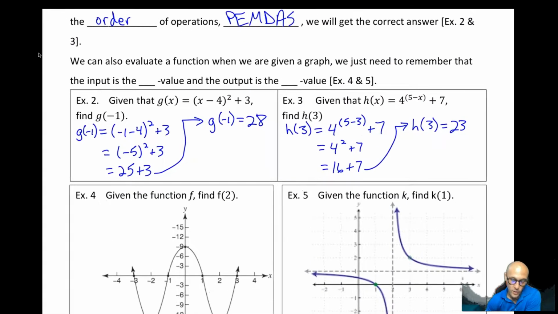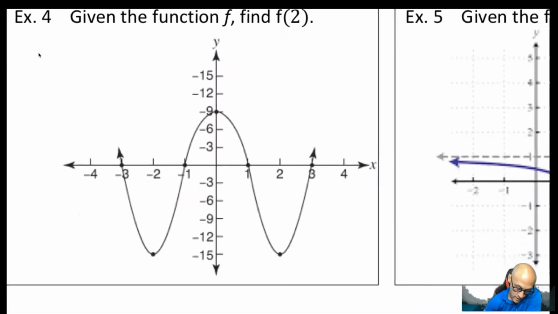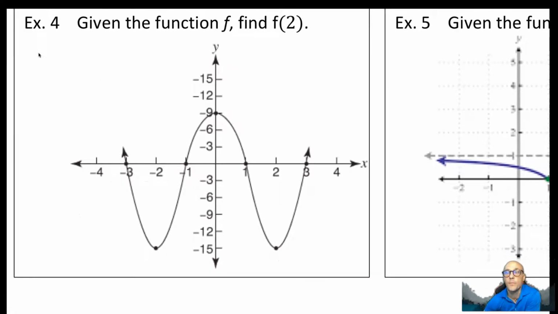We can also evaluate a function when we are given a graph. We just need to remember that the input is the x value and the output is the y value. So we're going to look at a couple of examples here. Example 4. Given the function f, find f of 2. So what we need to do is look for the x value of 2, because that's the input, and we'll find the output, the y value.